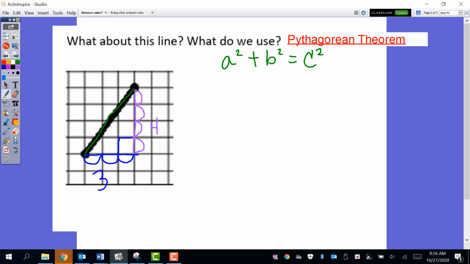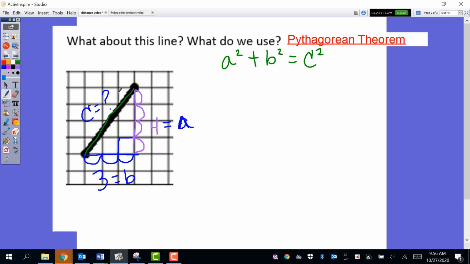Since this is set up already, you can see that we have a right triangle, and so we can use the Pythagorean theorem. On the purple line, this will be my A. On the blue line, this will be my B. And the green line will be my C, which is my hypotenuse. And I need to find C.